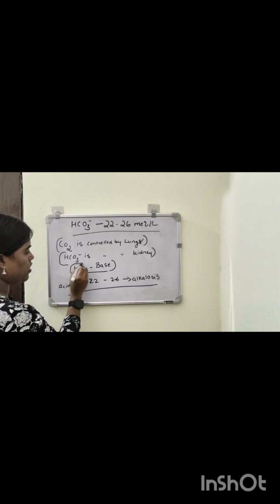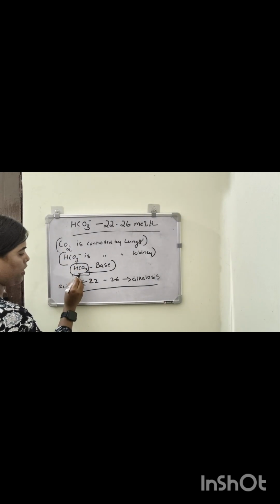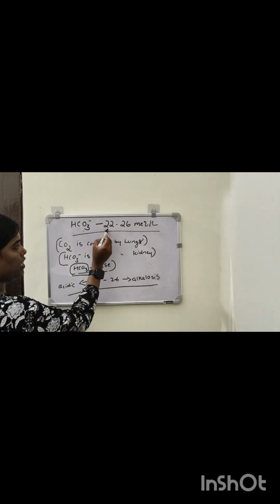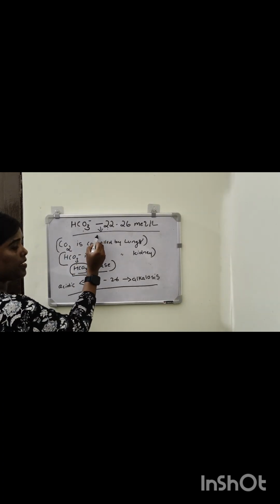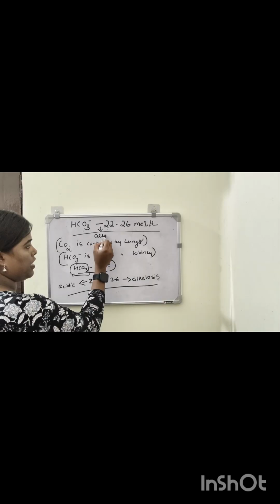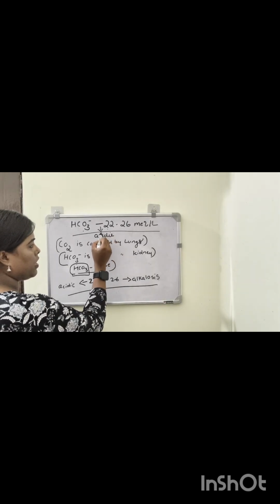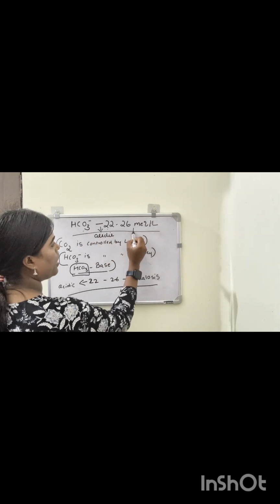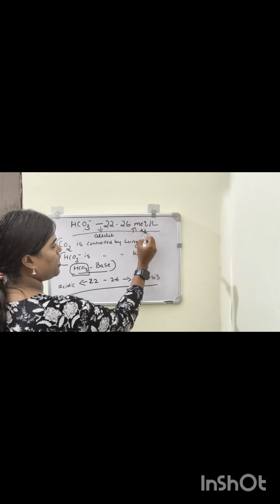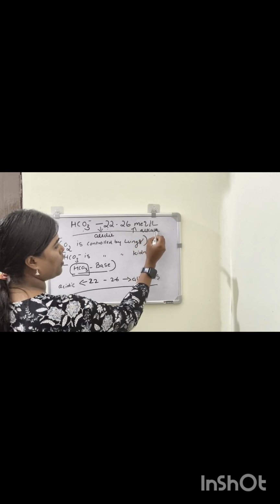What is base? HCO3 is a base. If the base is less than 22, then it is acidic. If the base is more than 26, then it is alkalosis.